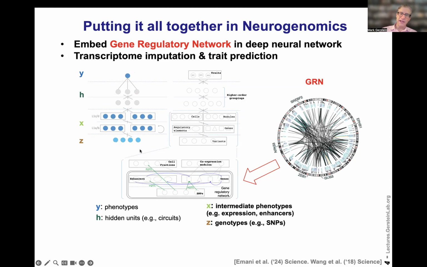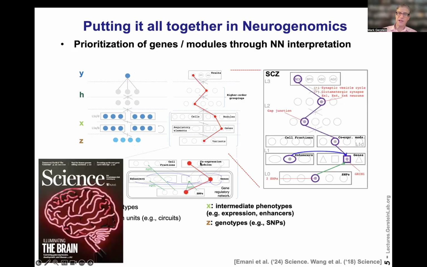And the information is going to flow through the neural network and highlight certain connections. And these connections actually are going to correspond, at least at the bottom, to the nodes and edges in the gene regulatory network. So we can interpret the neural network and make sense of it. And this shows that particular process where we're going from a particular genotype to, say, a predicted particular disease, schizophrenia, and we're highlighting certain genes and regulatory elements such as enhancers and so forth that are important here.